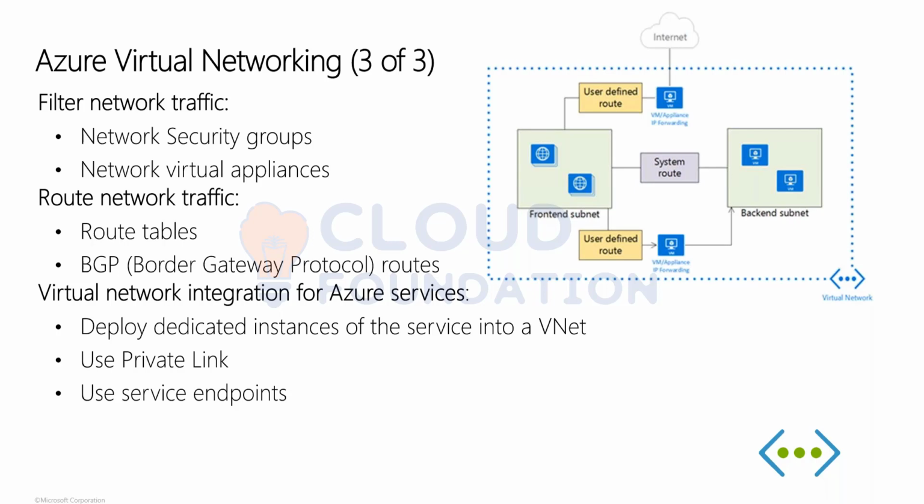Before these communications happen with the relevant machines or relevant subnet, I would want to filter it through a firewall, right? Whether we want to allow that communication to happen or we don't want to allow it. So filtering of incoming requests and filtering of outgoing responses, we can do by using network virtual appliances.